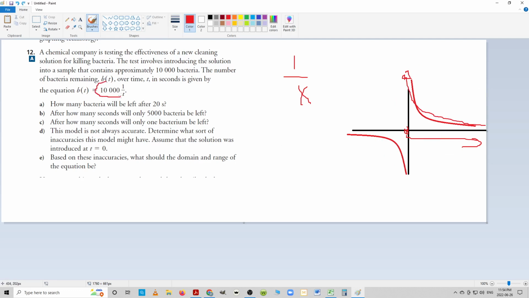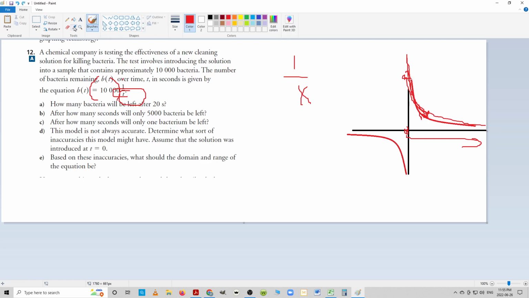The 10,000, once you figure this out, is like a vertical stretch. In other words, when time is 1, we're going to be at 10,000 here, and it's going to skyrocket just to the left of that. Just plug in 1 there for time and you'll see that it becomes 10,000. Anything to the left, it'll skyrocket. Anything to the right, it'll start hugging 0.